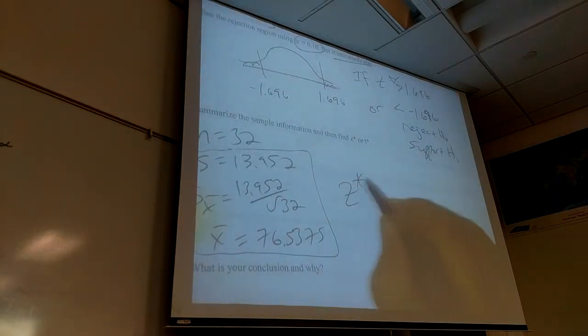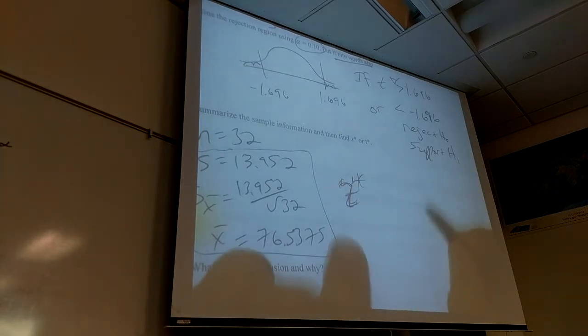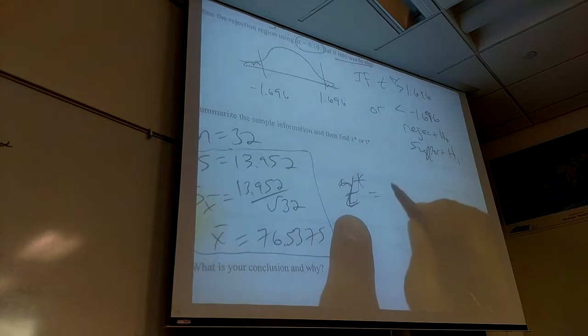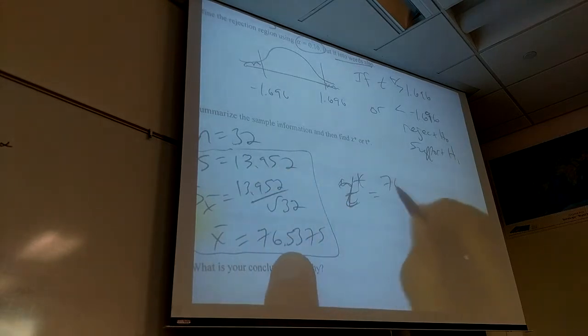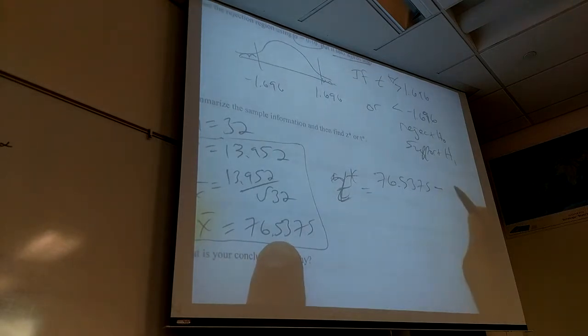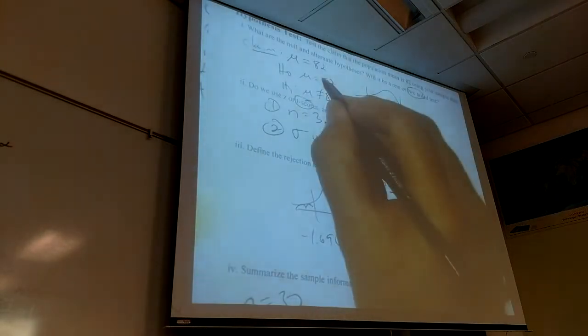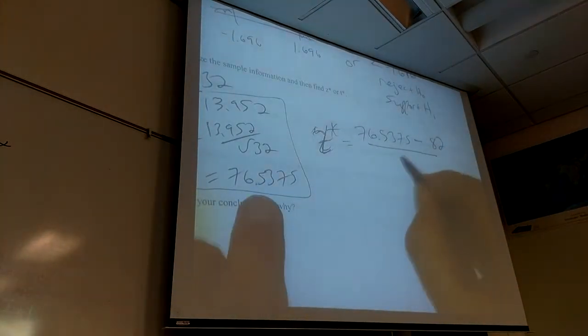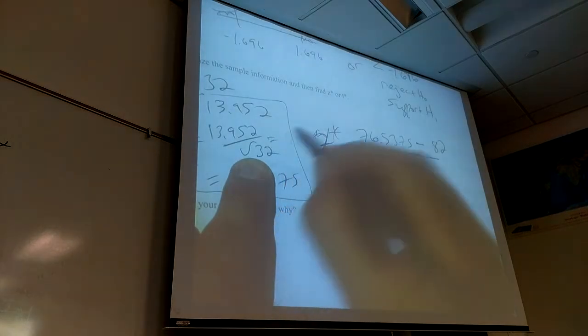So, this is T-star, but again, like I said before, just warned you, I'm going to call everything Z-star. T-star is my data, so that's your data, right? You put your X bar there. We're all going to put minus 82 here because that's our claim. That's the claim. Divided by the new standard deviation, which I did not finish out.